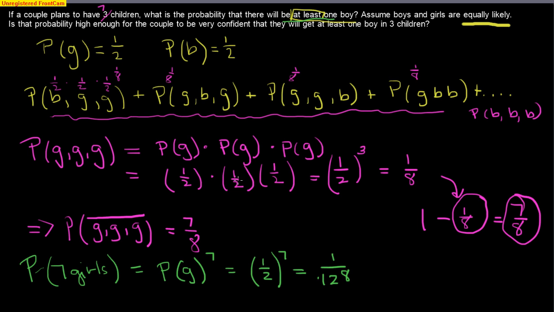So figuring out the probability of 7 girls is much easier than trying to figure out the probability of all the other possibilities that include one boy. Therefore, the probability of at least one boy is going to be 1 minus 1 over 128. That will leave you 127 out of 128.